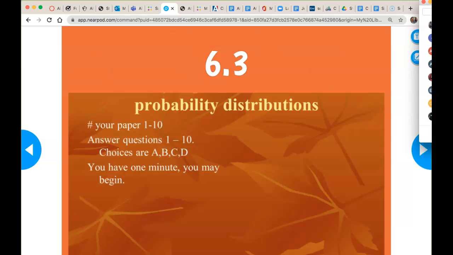Again, if you just joined us, you're numbering your paper 1 through 10. You're taking a quiz. You're guessing A, B, C, or D. Let me close my door real fast.